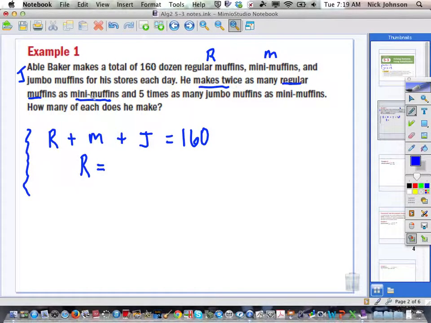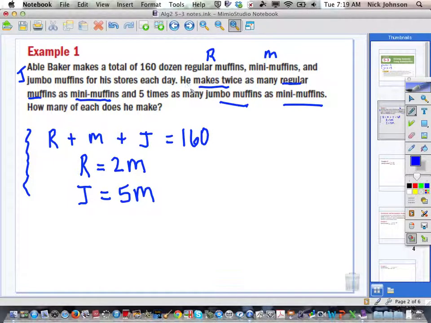So my regular is equal to 2M. And 5 times as many jumbo muffins as mini muffins. So my jumbo muffins are equal to 5 times as many mini muffins.